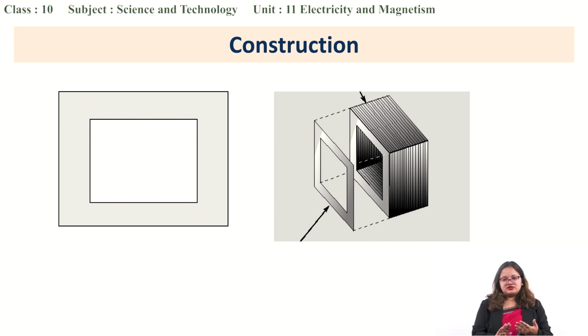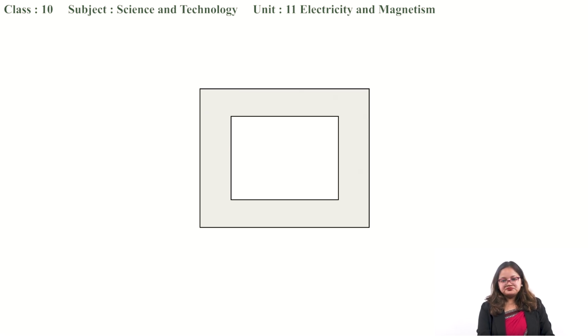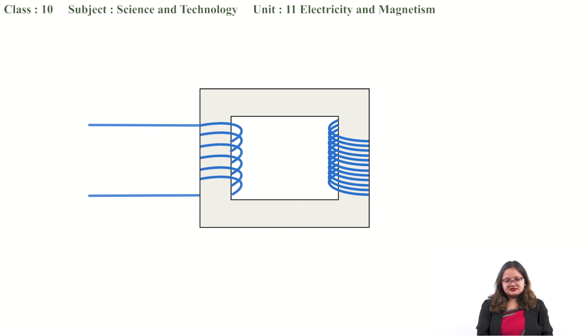They are stacked together. Okay, now let's look at this in a 2D diagram again. So now we are going to visualize this in 2D. Here we can see the iron core which is laminated. Now on the two sides of this laminated iron core, we can see windings of conductor like this.